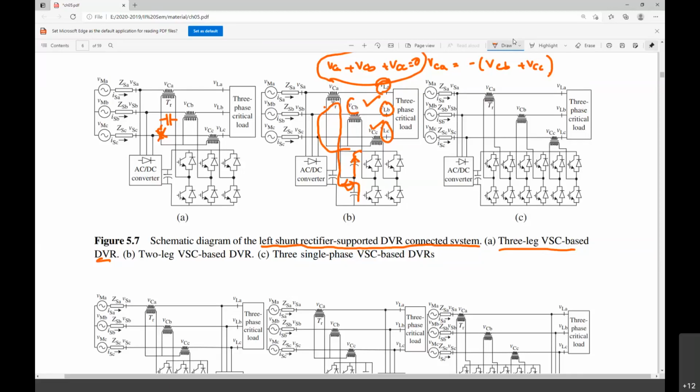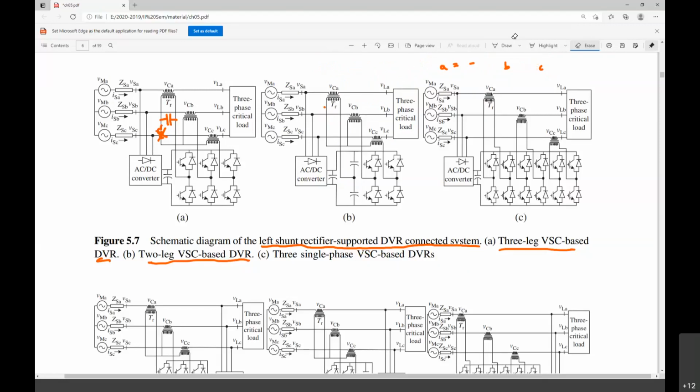Because of that, this topology, the two-level VSC based topology, is cost-effective for the case of a balanced voltage supply. Suppose you have an unbalanced voltage supply, then this kind of topology is not appropriate. It's not the correct topology to go for with unbalanced voltage sags.